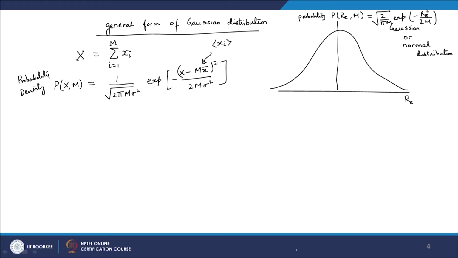So if I compare this expression for the general form of the Gaussian distribution with what we have derived, we can associate RE as the sum of the bond vectors bi.